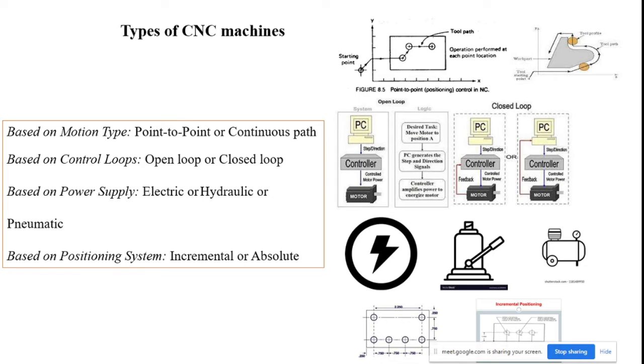This kind of power supply is called a hydraulic system. Some systems utilize gas for actuating the machine. This kind of power supply is known as pneumatic power supply. Based on the prime mover power supply, the machine can be classified as electrical, hydraulic and pneumatic.